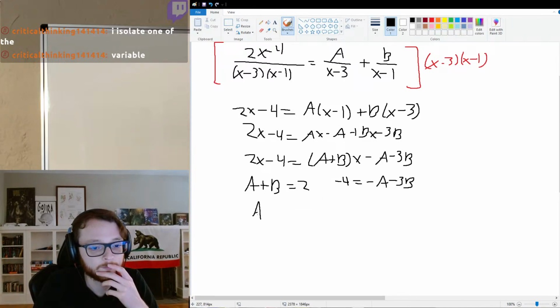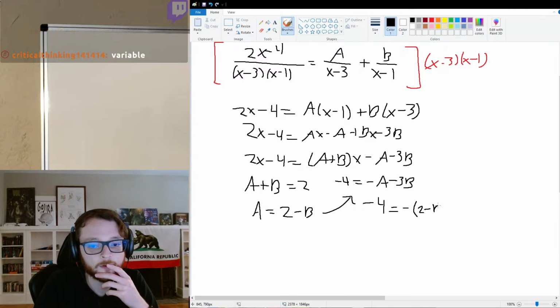Why not? So we get A equals 2 minus B. Let's plug it in over here. So negative 4 equals negative, from that sign, 2 minus B minus 3B. Distribute the negative sign.